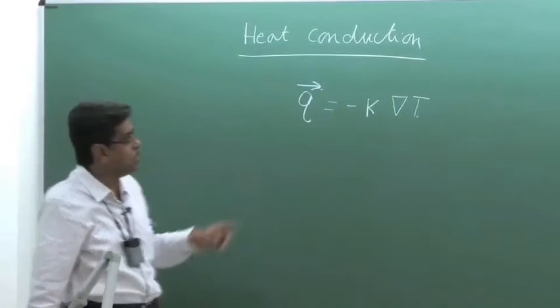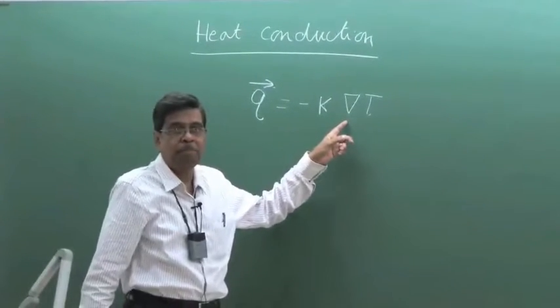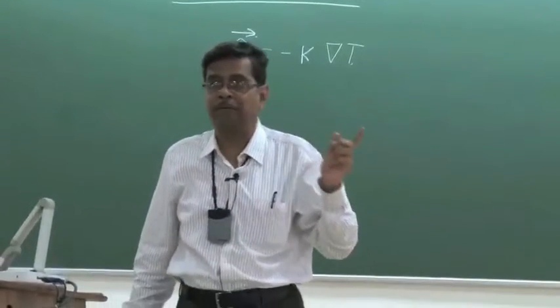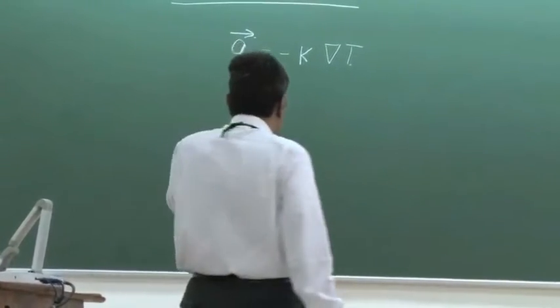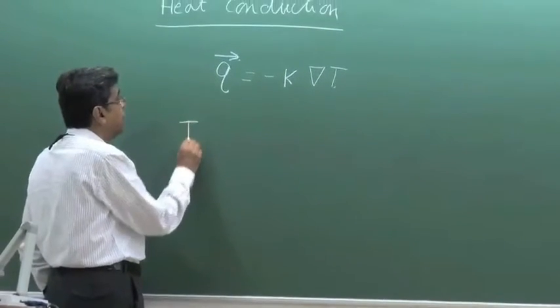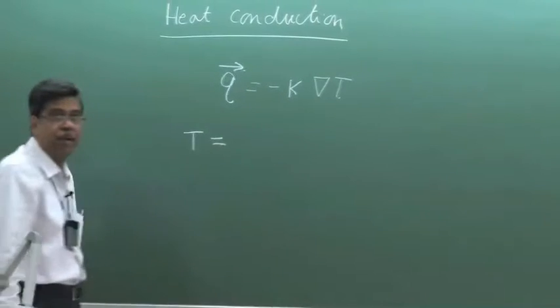Therefore there has to be a temperature variation in the space coordinates. It is a continuous temperature variation for which we can define the gradients. That means in the medium, the temperature has to be a function of space coordinates.